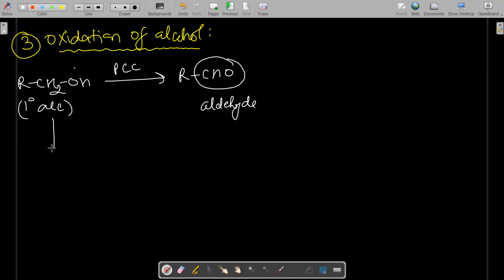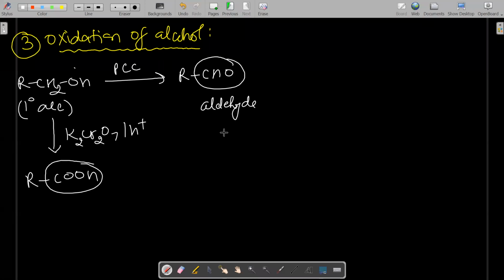But when this primary alcohol gets oxidized in the presence of a strong oxidizing agent like K2Cr2O7 in an acidic medium, or KMnO4, we get what? Carboxylic acid, which we have already done.